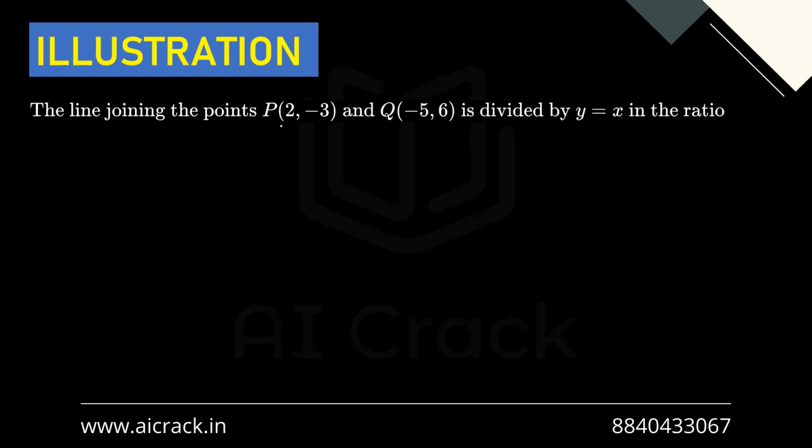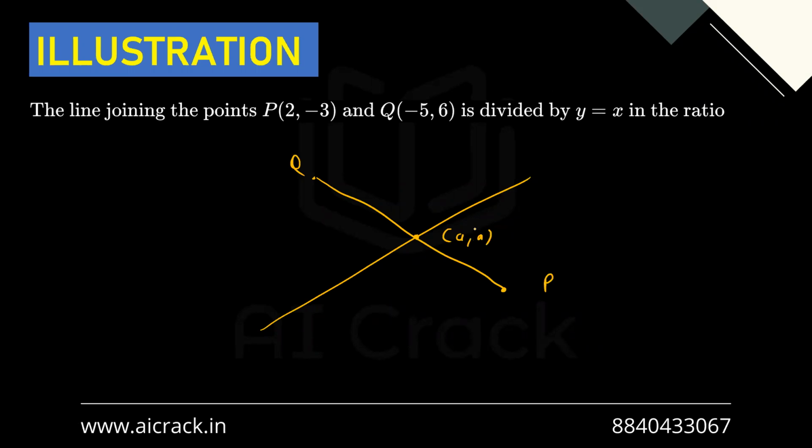Now let's look at this question. The line joining the points P(2, minus 3) and Q(minus 5, 6) is divided by y equals to x in the ratio. So basically we have P somewhere over here and Q somewhere over here. And y equals to x line looks like this one. Since this is y equals to x, we can assume that this point would be (a, a), or x1 comma x1, whatever.